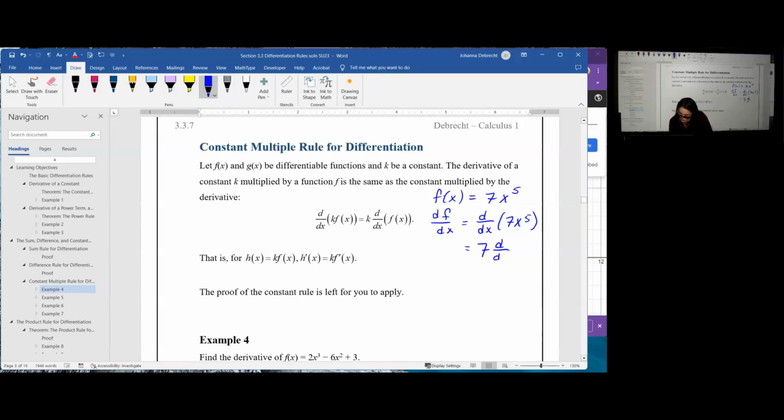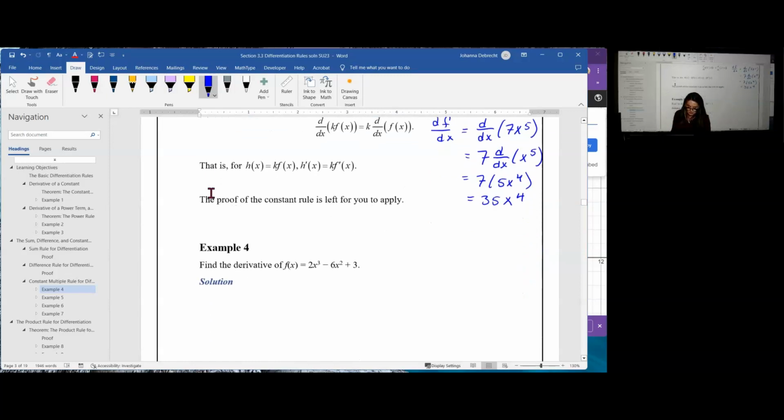And I can take the derivative first of the power function x to the 5th, which gives me 5x to the 4th, and then I can remultiply in the constant. The proof of this is very similar to the proofs we've already done, so I leave it to you to discover on your own.